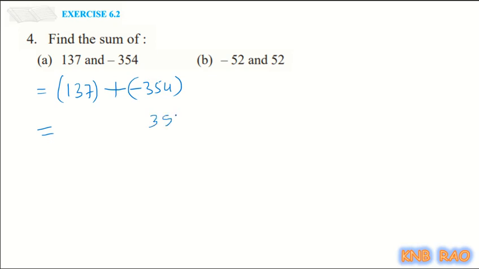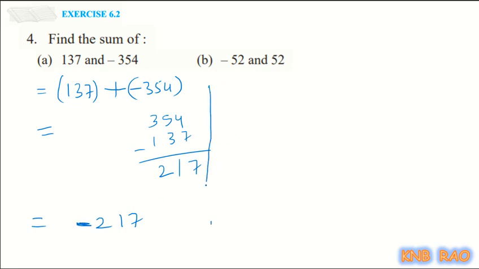How many numbers bigger? If you want to find out, you will find out like this: 7, 17 and 2. So, therefore, 217 steps more than 137 is this 354, and the nature of this bigger number is minus. So, that minus will come to 217.